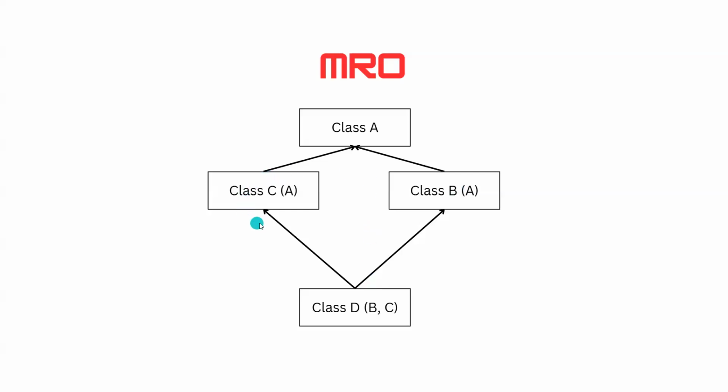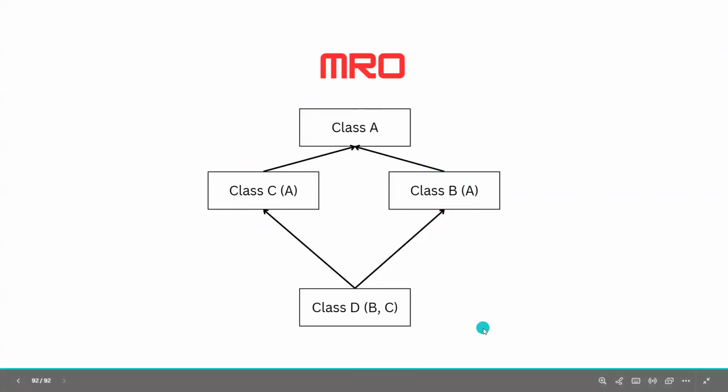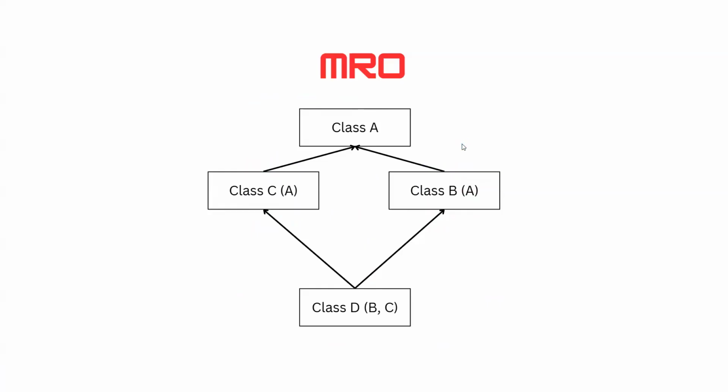Either we have to call the method of class C or we have to call the method from class B. This is nothing but the diamond problem, where the class is not able to decide which method should get called. It is not able to decide the priority.